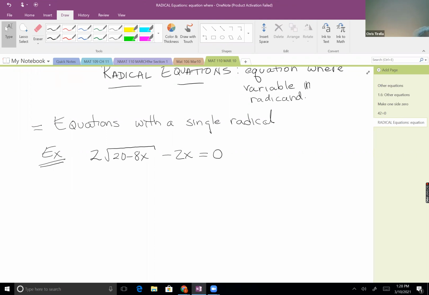In order to do that, the first thing that we want to do is isolate the radical. Which is a fancy pants way of saying I want to get the square root all alone on one side of the equation.